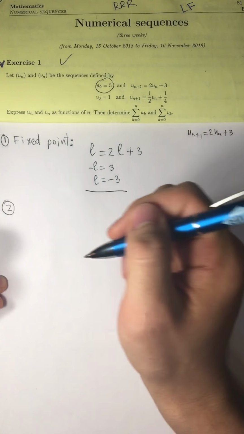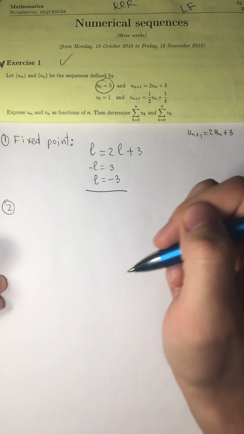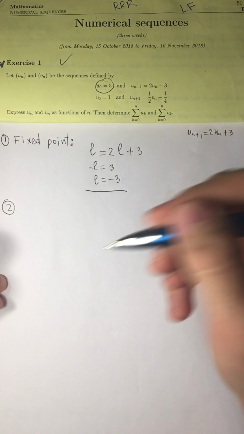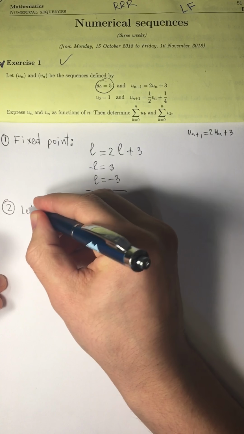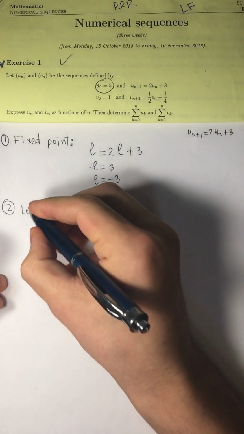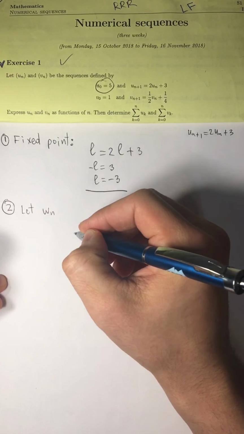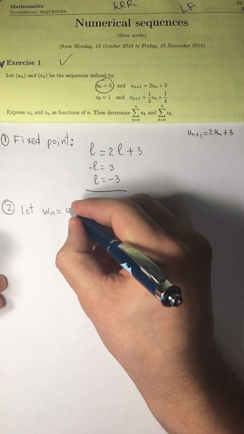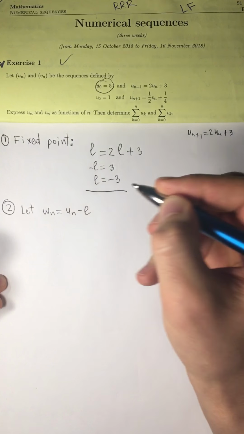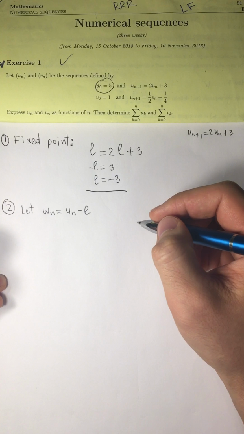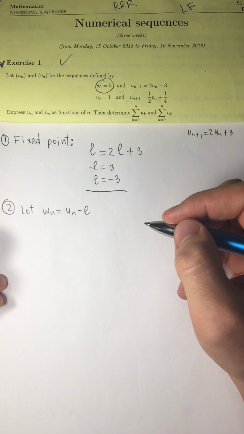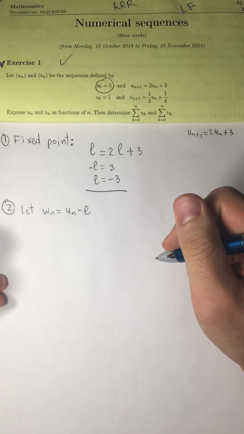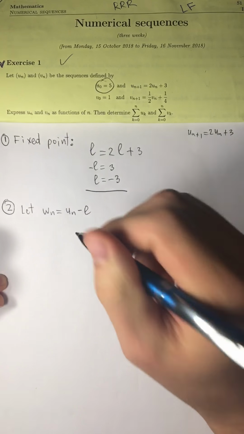The second step is quite weird. It's just how they want it. So we gotta define another sequence, let's say wn, and it's equal to un minus L. You might be wondering, wow, where did it come from? It's not magic. It's just a second step.